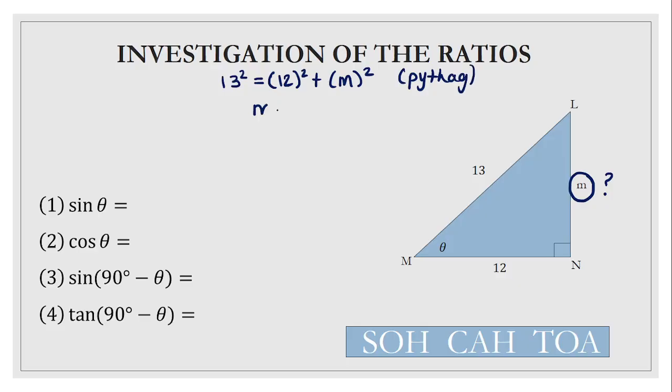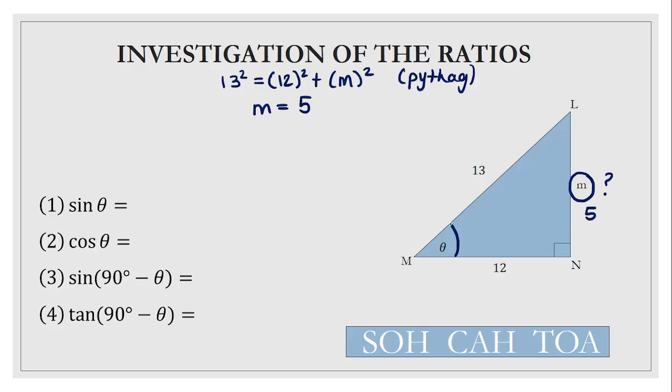Great. So let's go work that out. So I'm going to take this 13 squared. I'm going to take it, leave it that side, move the 12 squared over, it becomes minus 12 squared, and then square root that whole thing, and I'm getting a 5. So m is 5.